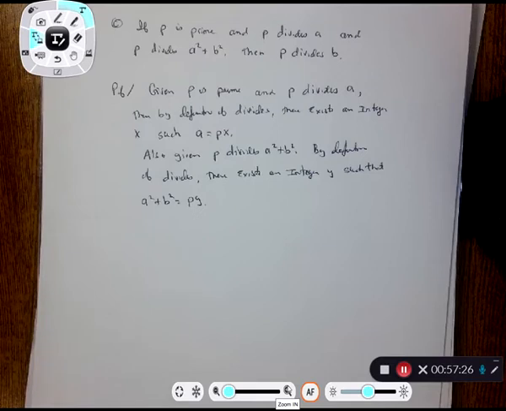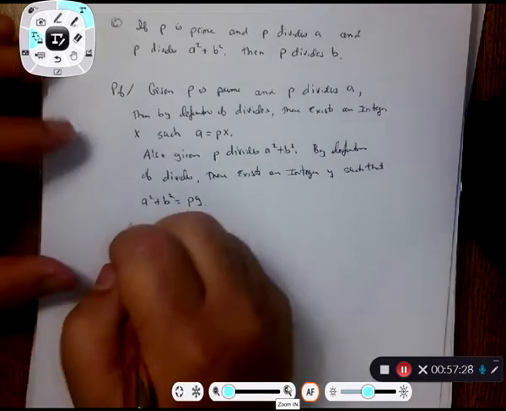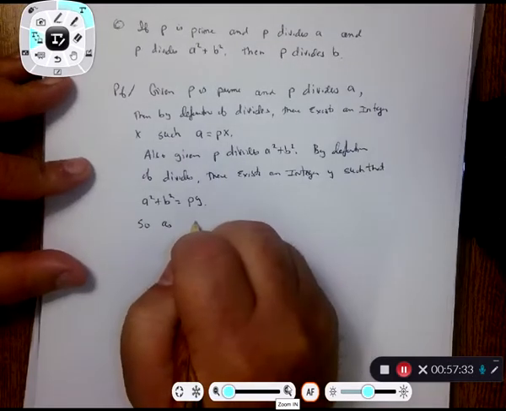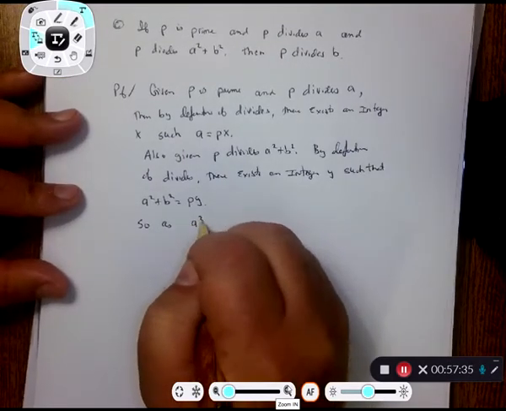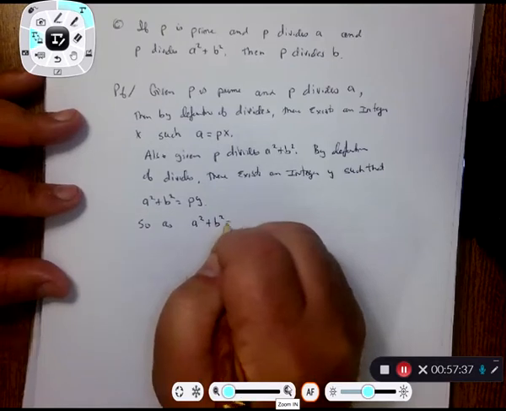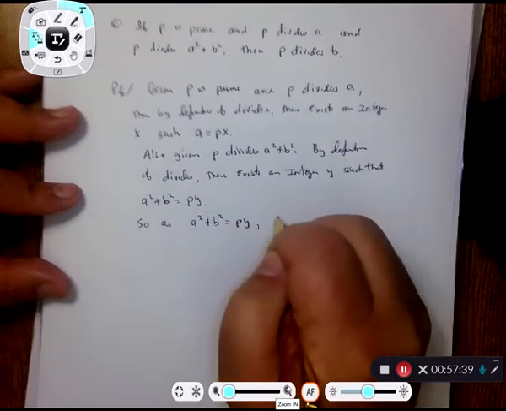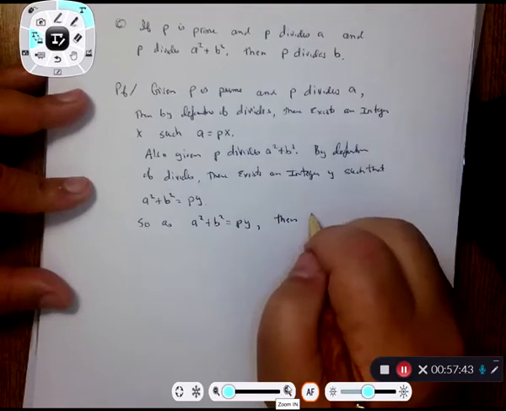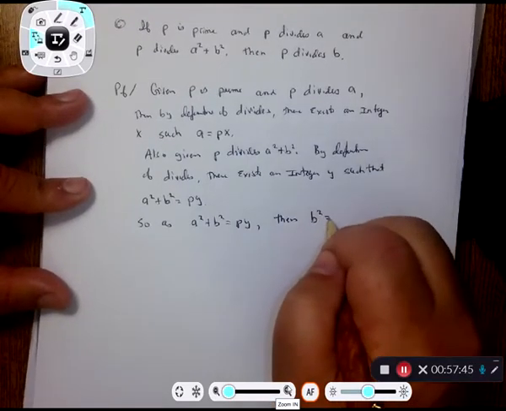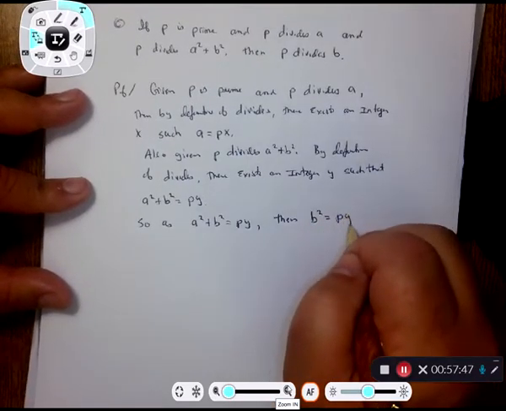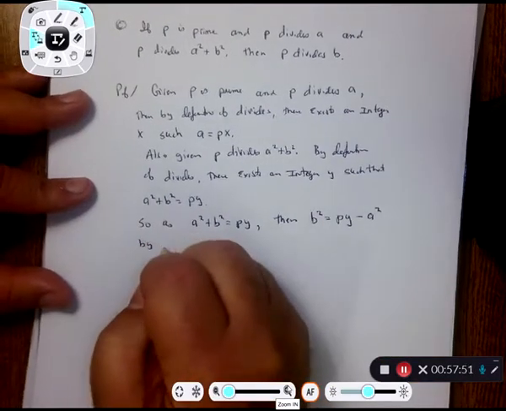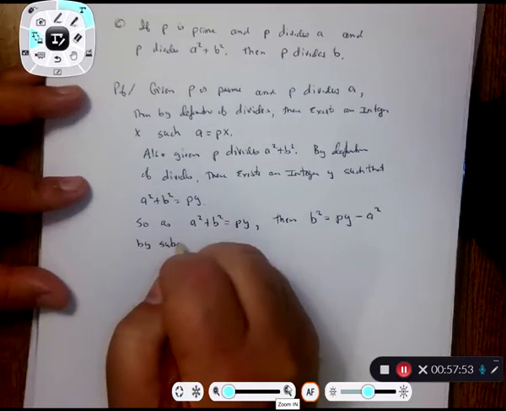Statement and reason. Now I'm going to put the two equations together. Recall the equation A squared plus B squared is equal to PY. Then I'm going to solve this for B squared. Then B squared is equal to PY minus A squared by subtraction. Statement, reason.